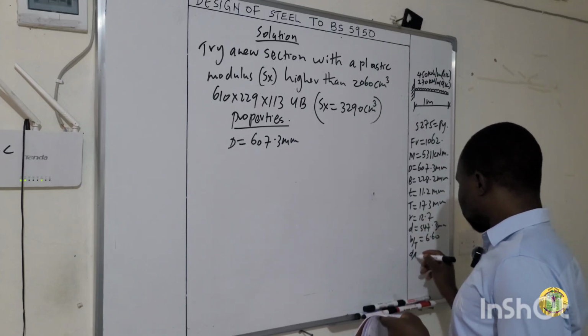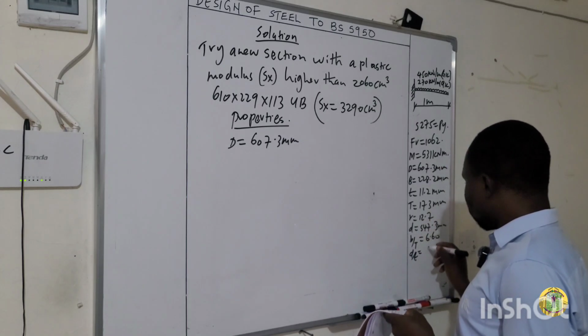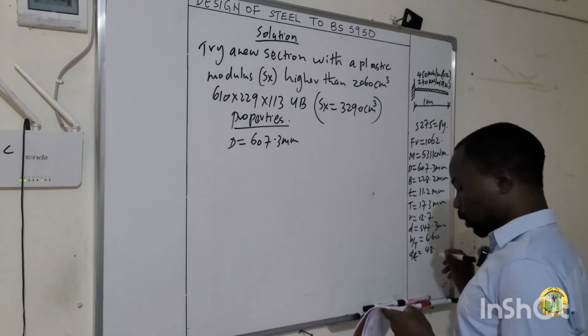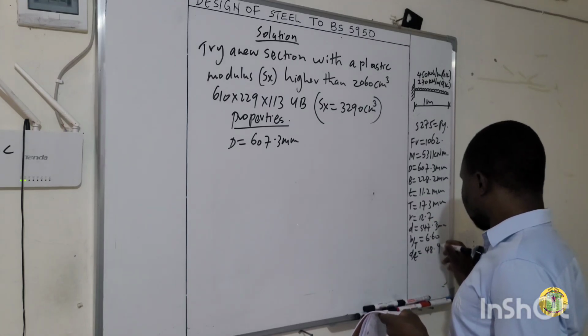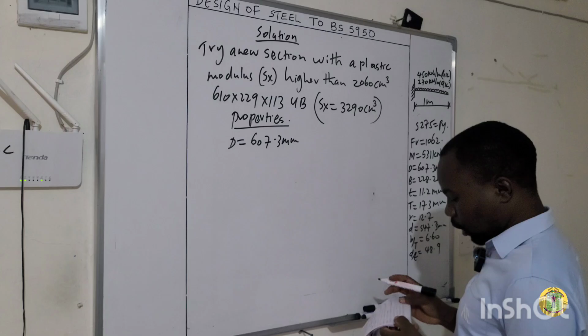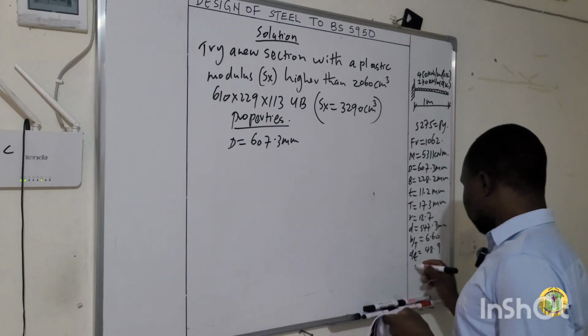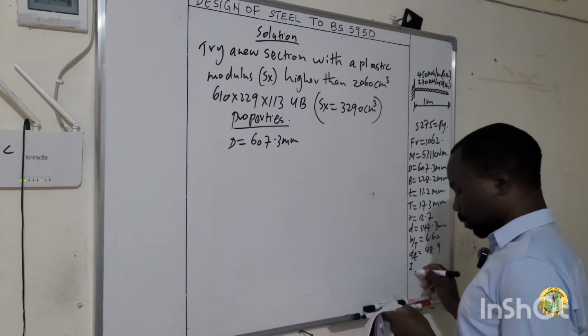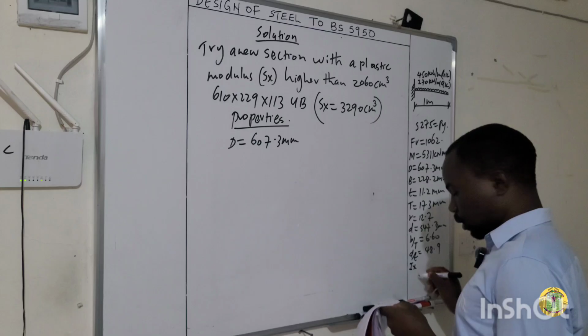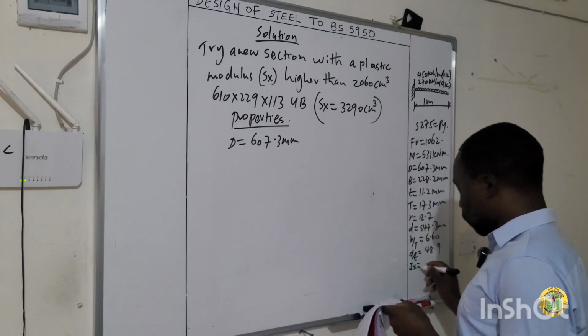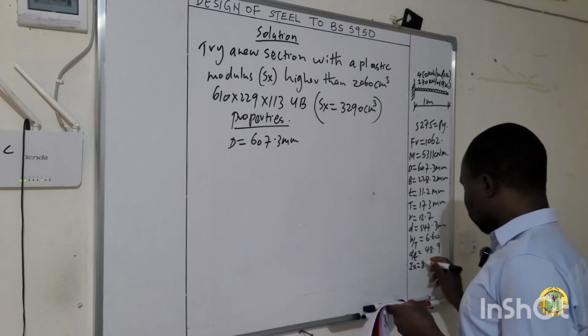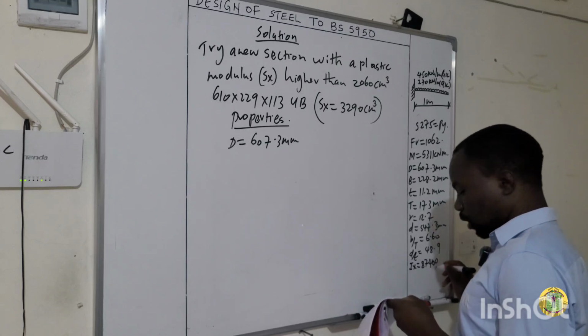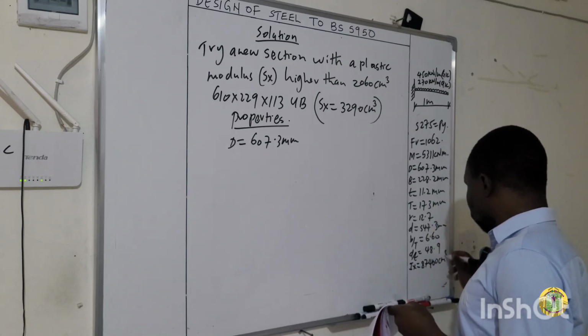D over small t is equal to 48.9. Then we have IXX. IX is equal to 87,400 centimeter cubic.